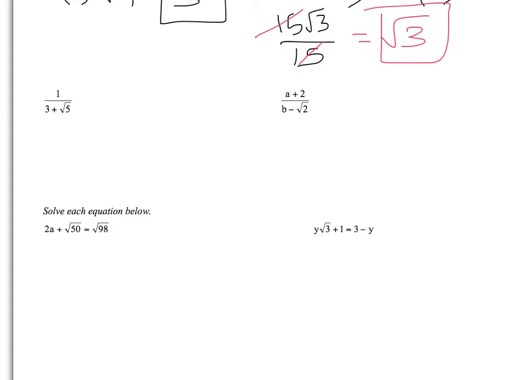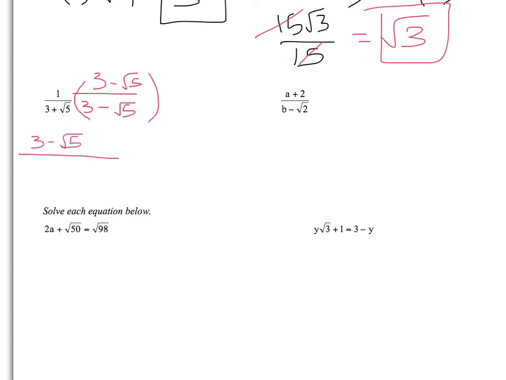And it'll be multiple choice, and all you have to do is realize that the conjugate is the same thing except change the middle sign. So plus radical 5 becomes minus radical 5. And then we multiply. 1 times 3 minus radical 5 is 3 minus radical 5.